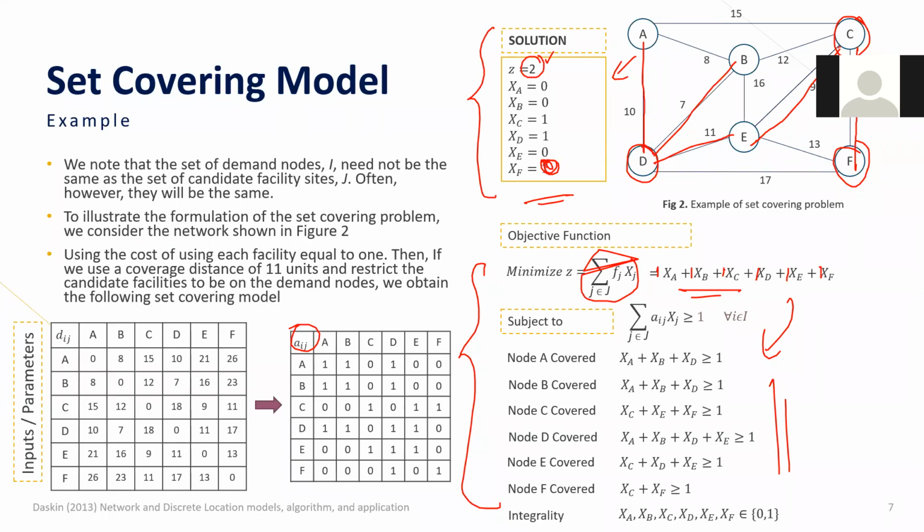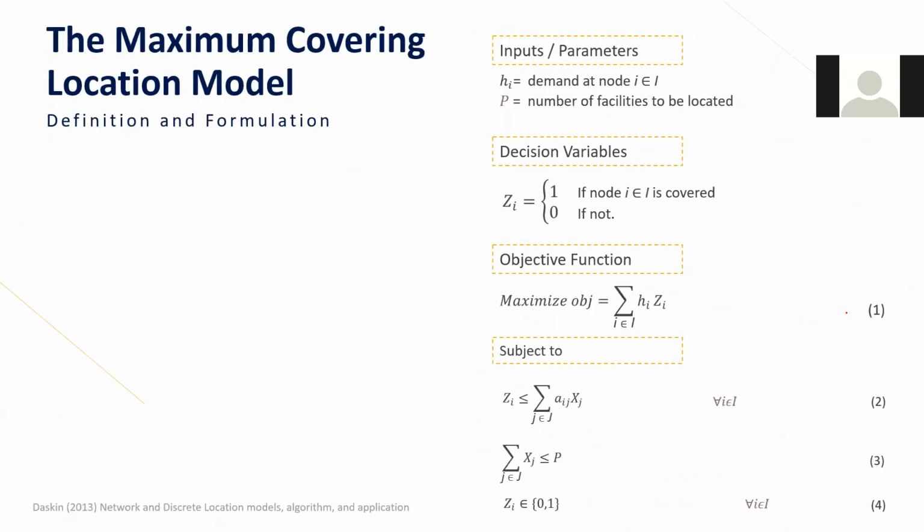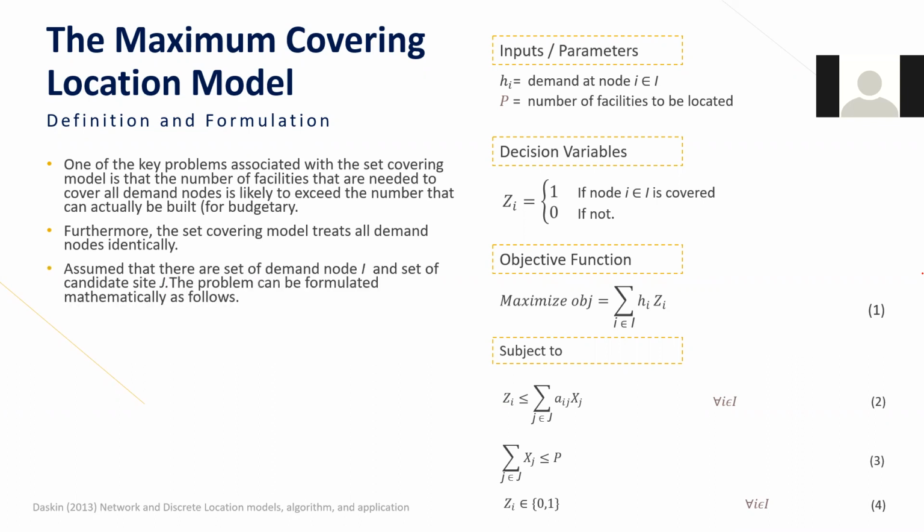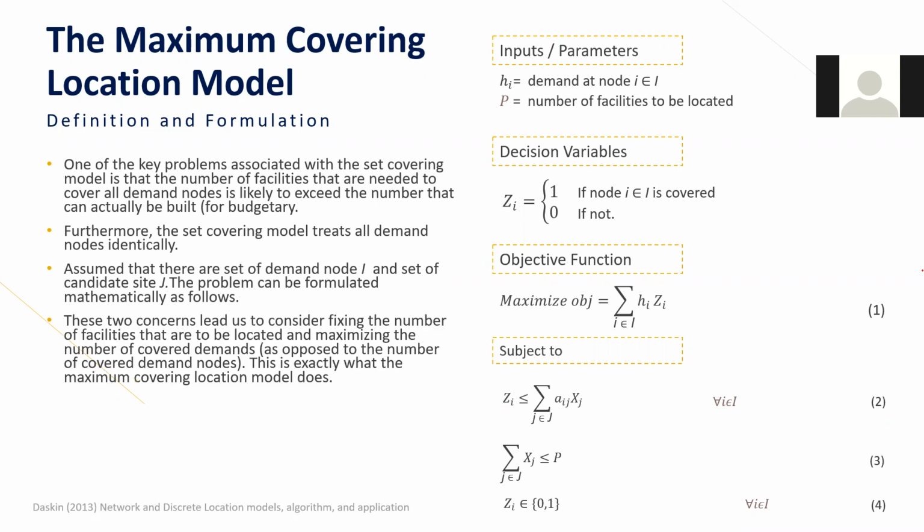Okay, now that you know how to model one set covering problem, well, set covering problem is one of the basic ones, right? Another variant of the set covering problem, which is still basic, is now known as the maximum covering location model.